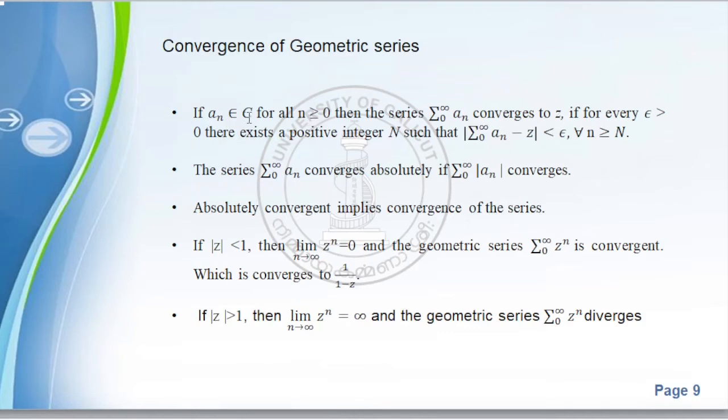If an belongs to the complex plane for all n greater than or equal to 0, the series sigma n from 0 to infinity an converges to a point z if for every arbitrary epsilon greater than 0, there exists a positive integer capital N such that the modulus of sigma an minus z is less than epsilon for every n greater than or equal to N. Beyond this particular value, the difference between the series and that z value is very small.